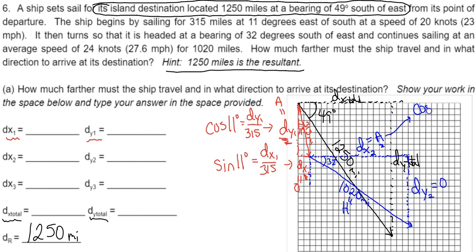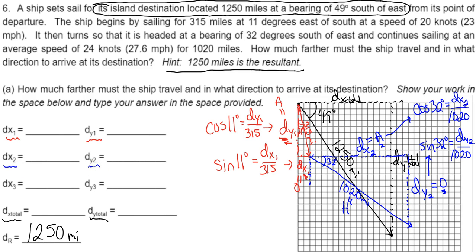So the cosine of 32 degrees is equal to dx2 over 1,020, and then solve for that. dy2, since that's opposite over hypotenuse, is going to be sine of 32 degrees equal to dy2 over the hypotenuse, which is 1,020 miles. That's what I'll fill in over here for dx2 and dy2 once I solve for those.